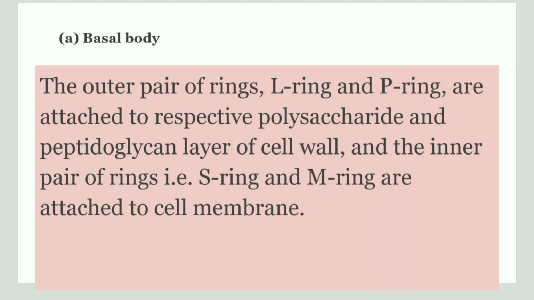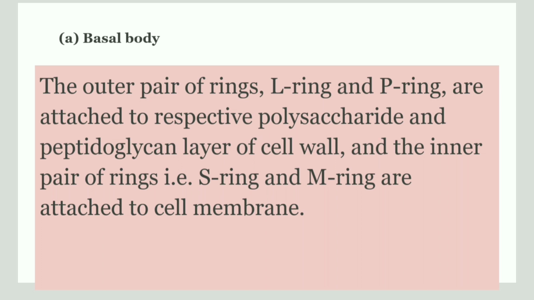As discussed earlier, the rings appear in two pairs, that is the outer pair and the inner pair of rings. The outer pair of rings is L and P, whereas the inner pair of rings is S and M. The outer pair L and P are attached to the polysaccharide and peptidoglycan layer of the cell wall respectively.